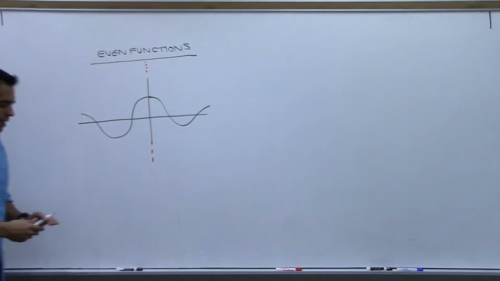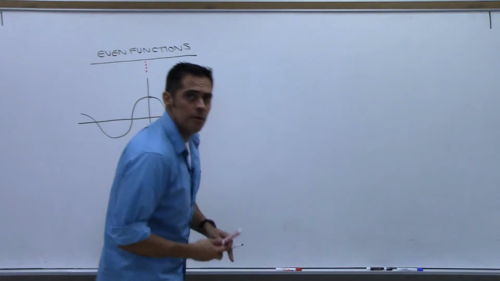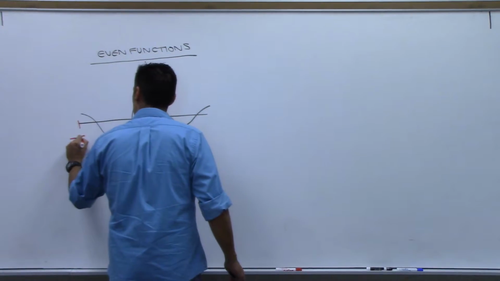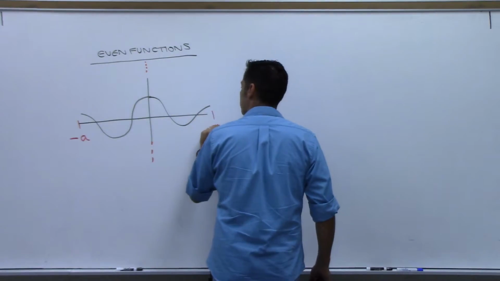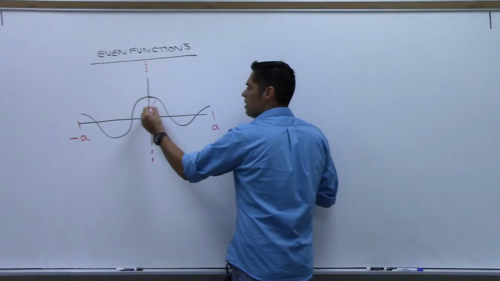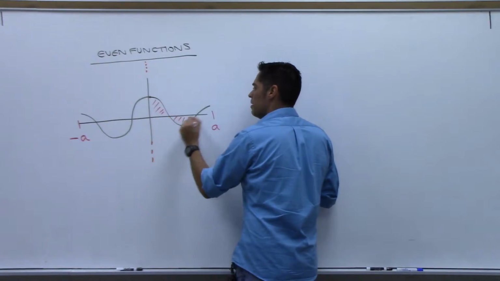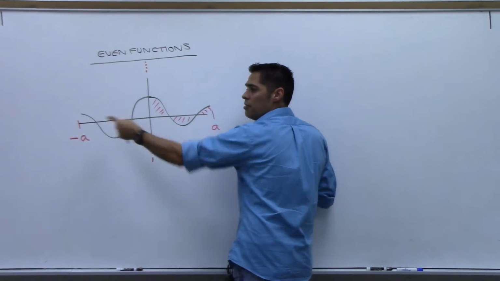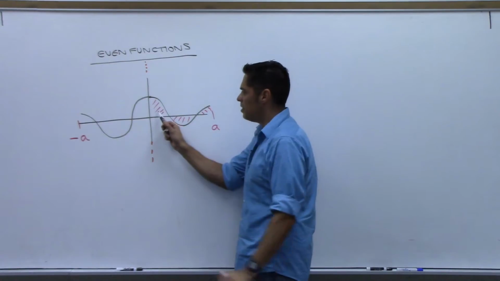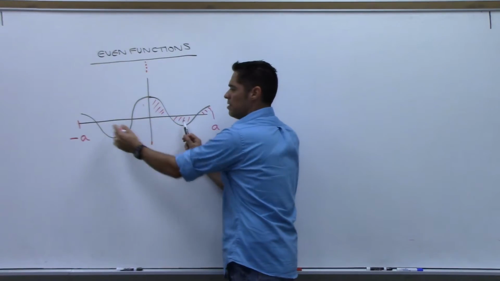So if you ever want to integrate, notice it says there negative a to positive a, not a to b. Only negative a to positive a, then whatever this area is, there's also another version of it over there, right? So it's just going to double. Whatever this is, it's going to double.